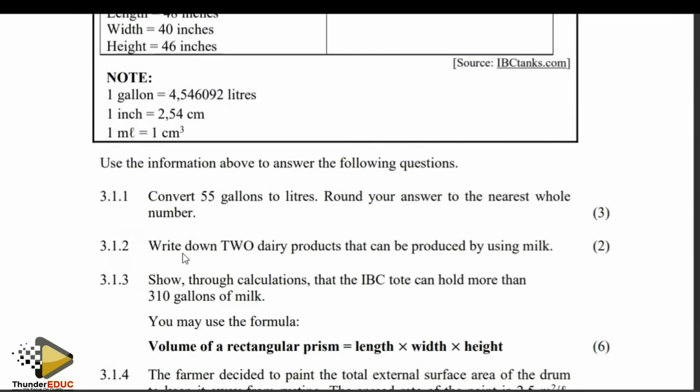So if you have 1 gallon, you have this many liters. If you have 55, it will be 55 times 4,546092.